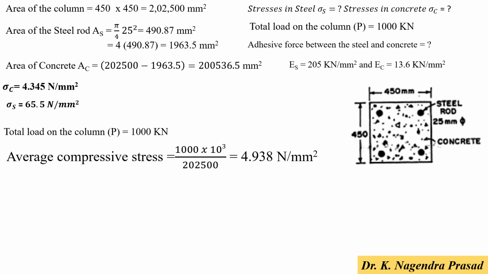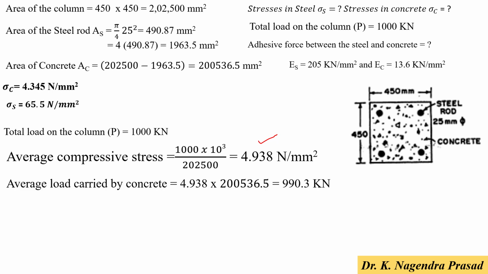Then average compressive stress in the column equals 1000 into 10 to the power 3 divided by 200 to 500, equal to 4.938 Newton per mm square. So this is the average compressive stress of the column.